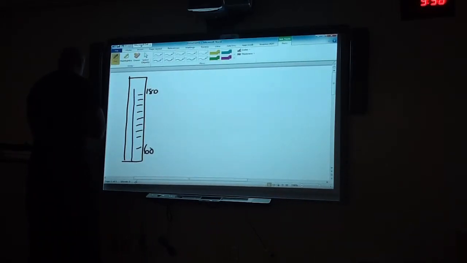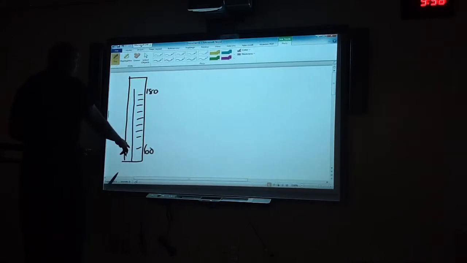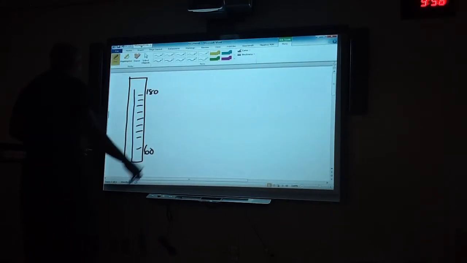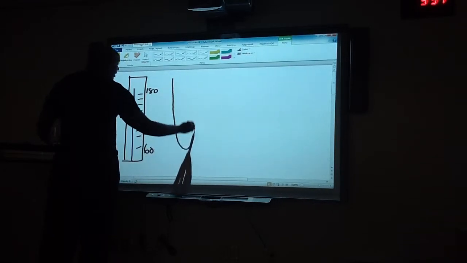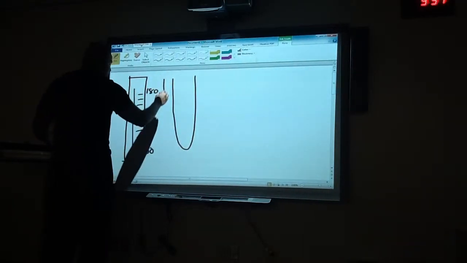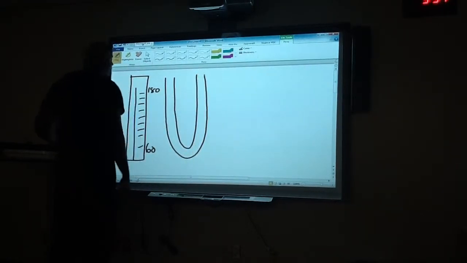So I'll go ahead and demonstrate what the manometer looked like. So basically the only thing you see is the front side of the manometer, but on the inside, this is what it looks like. So basically a manometer is a U-shaped tube, and it is filled with liquid.